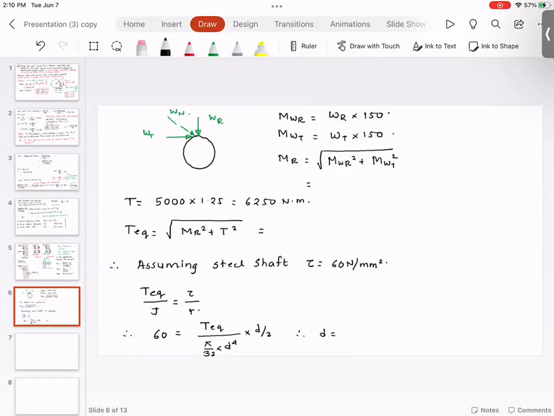So here the diameter will be in millimeter. So if you have calculators, please quickly tell me these values.